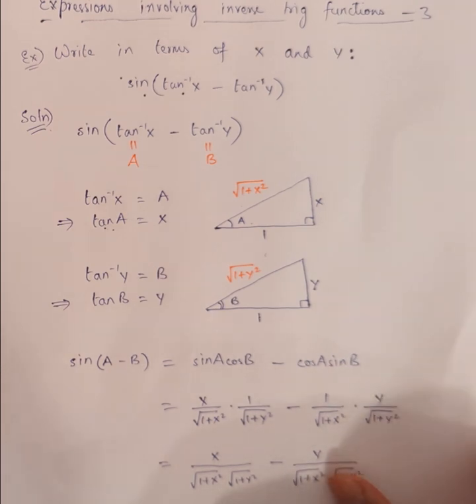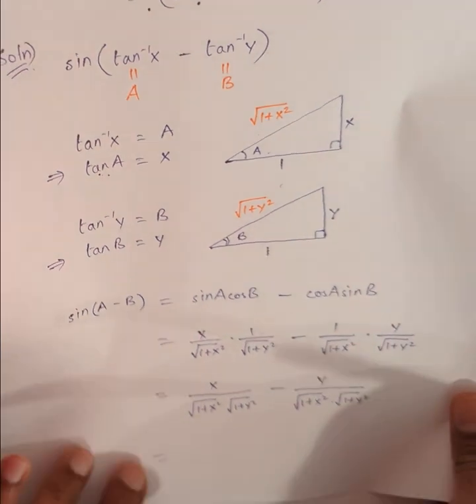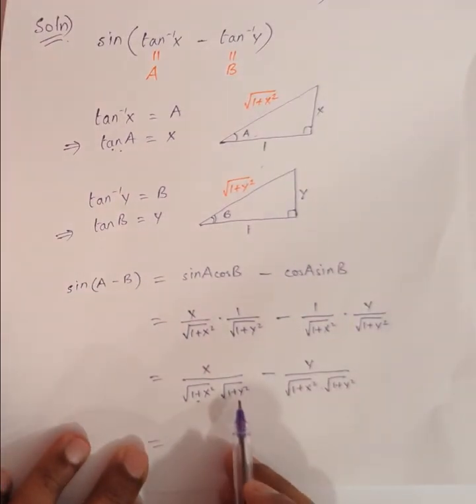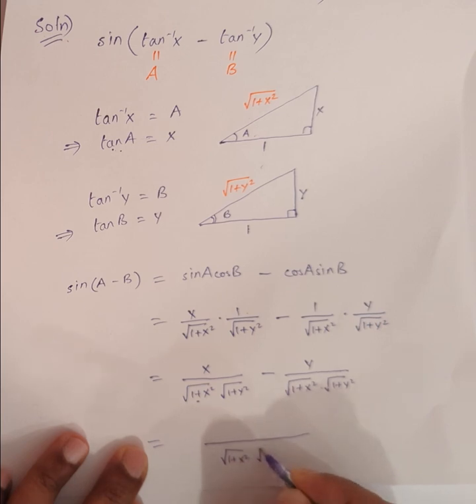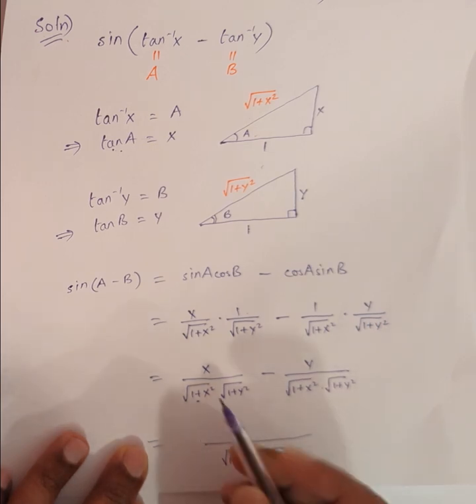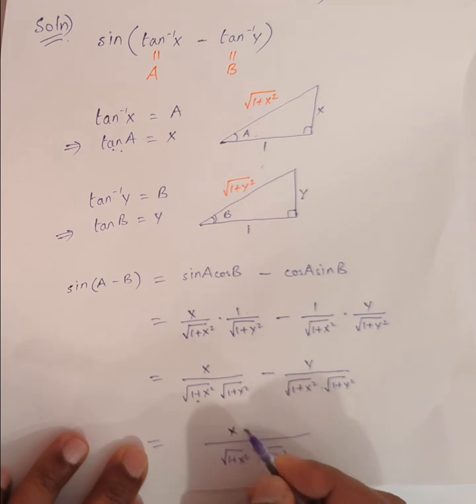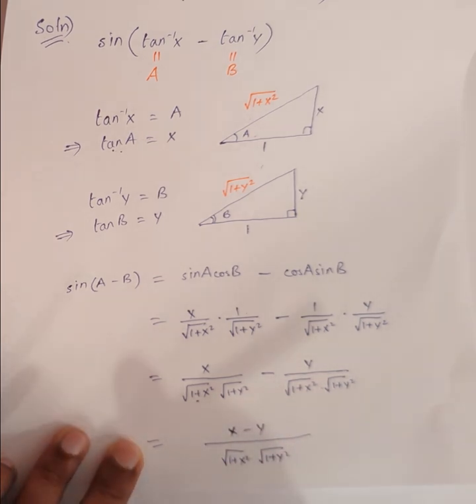And notice that we have the same denominator, square root of 1 plus x square times square root of 1 plus y square. So if you take the common denominator of square root of 1 plus x square times square root of 1 plus y square, then the numerator is just x minus y. So that's our answer.